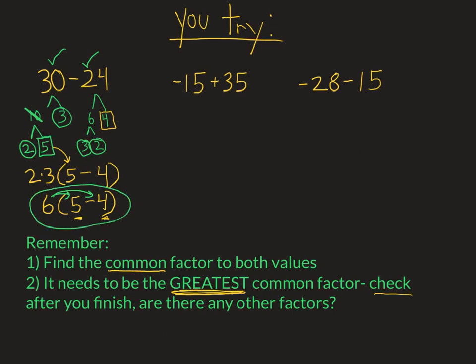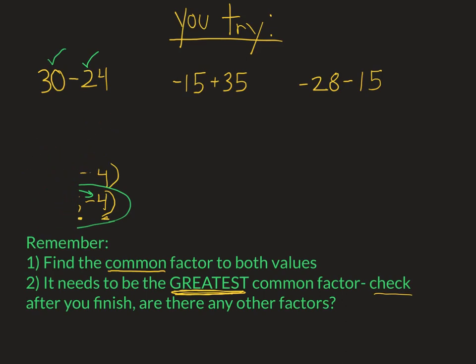Now, I'm going to show you what I would say is the quicker version of number 1. You absolutely should walk it out the way I just did it if you're learning the concept and you're having to figure out each of these pieces. But once you get further along with your times tables and your factors, I would look at 30 and 24 and think there's a common 6 between them.